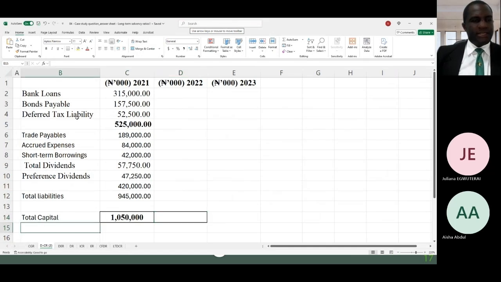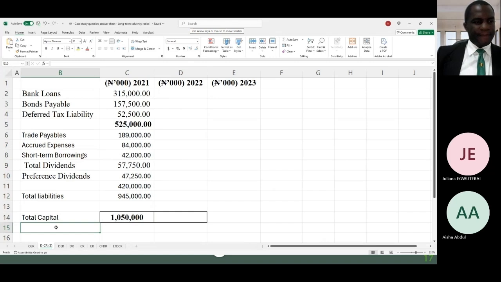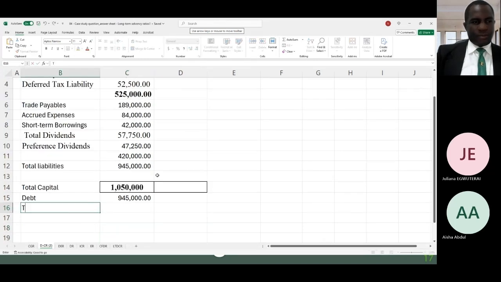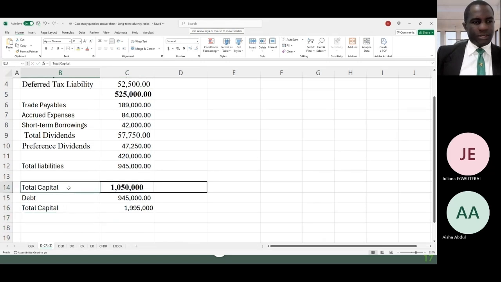And let's add this other debt. So debt is 945. Okay, so let's say our total capital, this is total equity, I beg your pardon, not total capital.